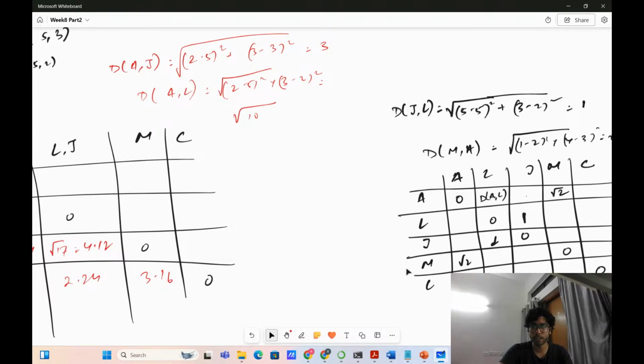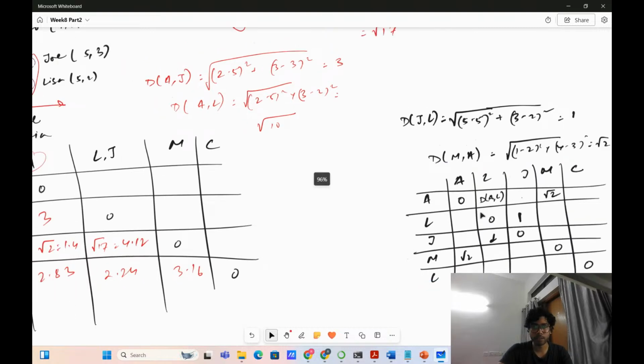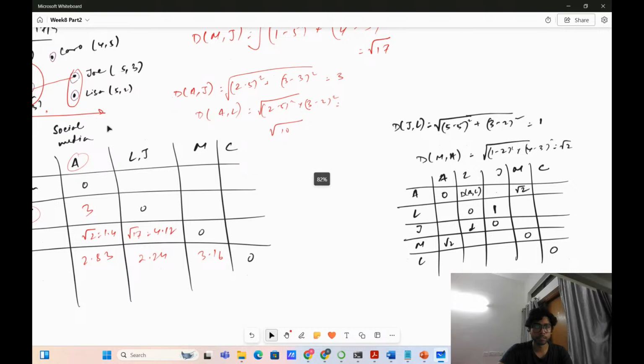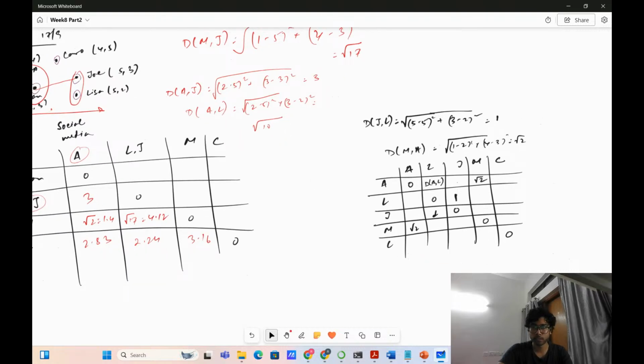So we make this distance matrix. We measure the distance between all the 2 points, Alan and Lisa, Alan and Joe, Alan and Max, Alan and Caro, and everybody. We see which is the lowest distance. So you can fill out these blanks, but you can see that the lowest distance is between Lisa and Joe, right? So you make Lisa and Joe into one cluster. That's the second iteration, right?